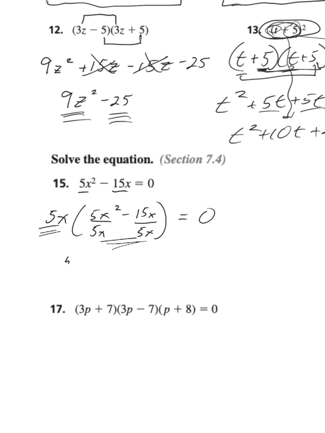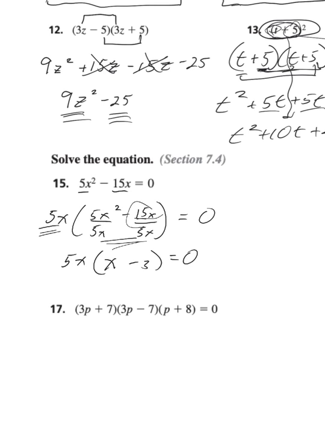So finally, we get 5x times x, since 5x goes into 5x squared x times, and 5x goes into minus 15x minus 3 times, equals 0. Now take a moment and see if you can remember how I just did that.